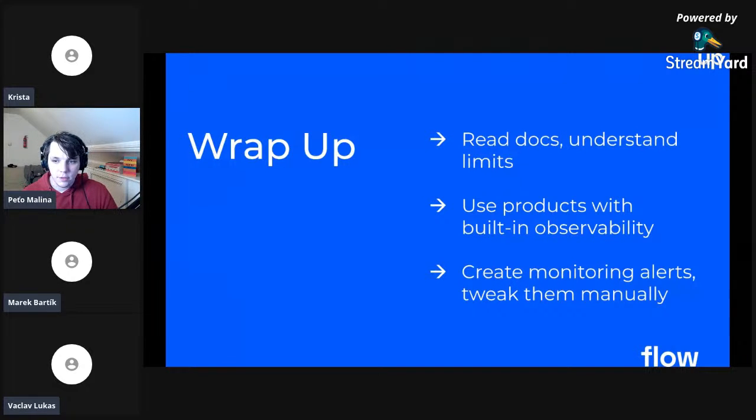And the third thing is create monitoring alerts and tweak them manually. Don't be afraid of this. I was always afraid of creating monitoring alerts at first, because I was always like, what value should I put in? But you could just put in any low value to trigger it, and then see what's really happening there. And after some time of being on that value, make it higher or lower.